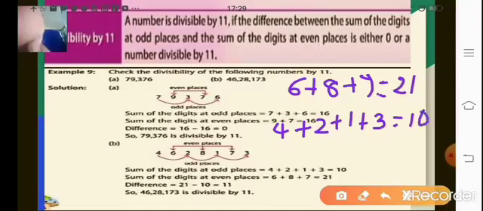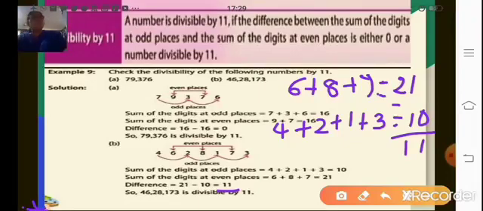Now 21 minus 10 will give you the number 11. See this? The number 11. Now 11 is easily divisible by 11. 11 ones are 11. So you can say that this number, that is 46 lakh 28,173, is also divisible by 11.